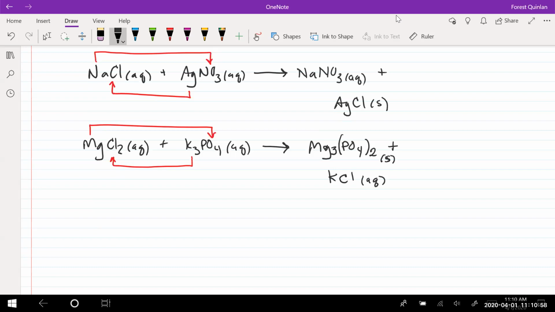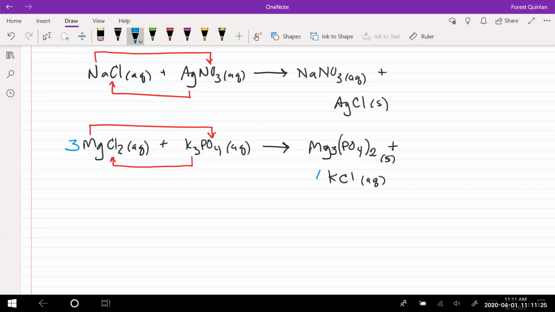Now, not to put too fine a point on it, but if we take a look, we have one magnesium on the left, we have 3 on the right. So I will start with 3 magnesiums on the left, but that screws up my chlorines. How many chlorines do I now have on the left? 6, because 3 times 2 is 6.